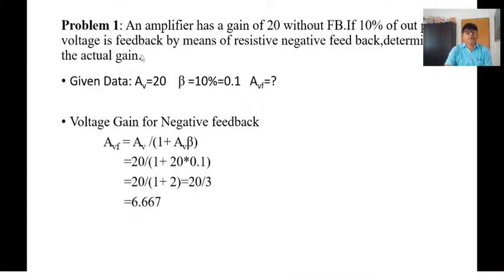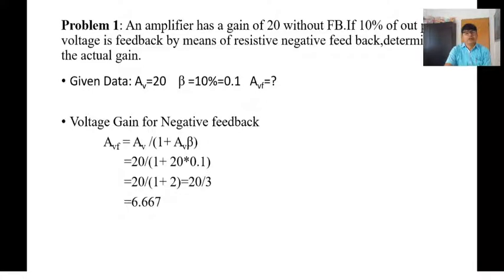Now in the first problem, an amplifier has a gain of 20 without feedback, and if 10% of the output voltage is fed back by means of a resistive negative feedback, determine the actual gain. So the given data is gain without feedback, then the feedback factor is 10%, and you can determine the gain with feedback.